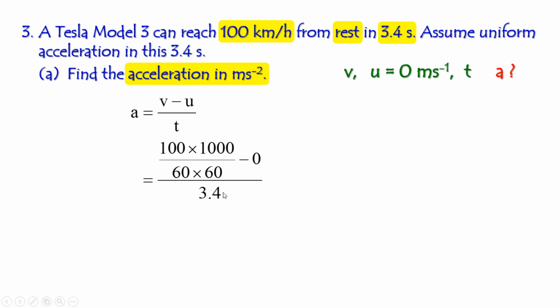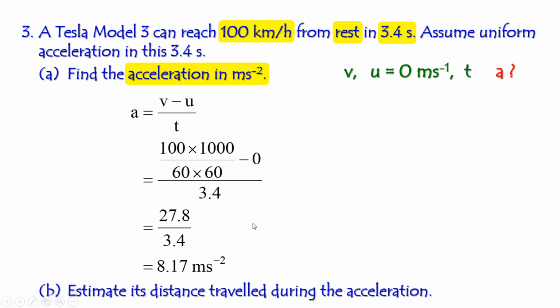It looks a bit complicated, but you can use your calculator to do all the calculation. 100 times 1000 and then divided by 60 and 60 again and then minus 0 and then divided by 3.4, then it is equal to 27.8 divided by 3.4, which is equal to 8.17. Okay, what should be the unit? This unit is meter per second squared.